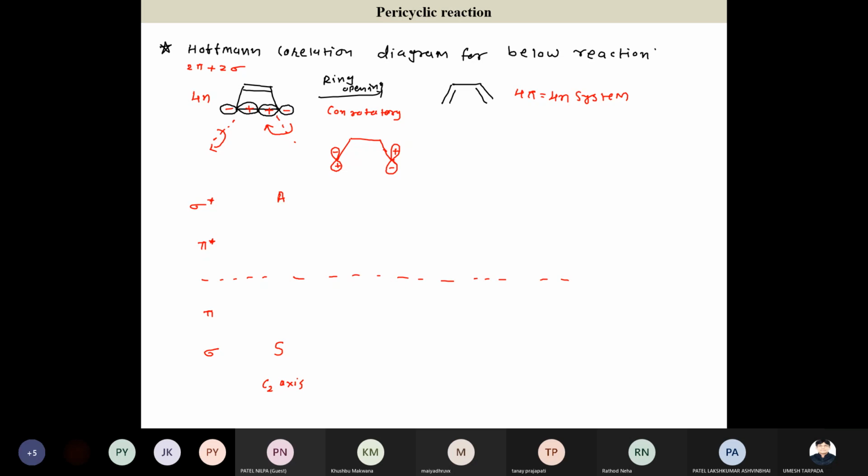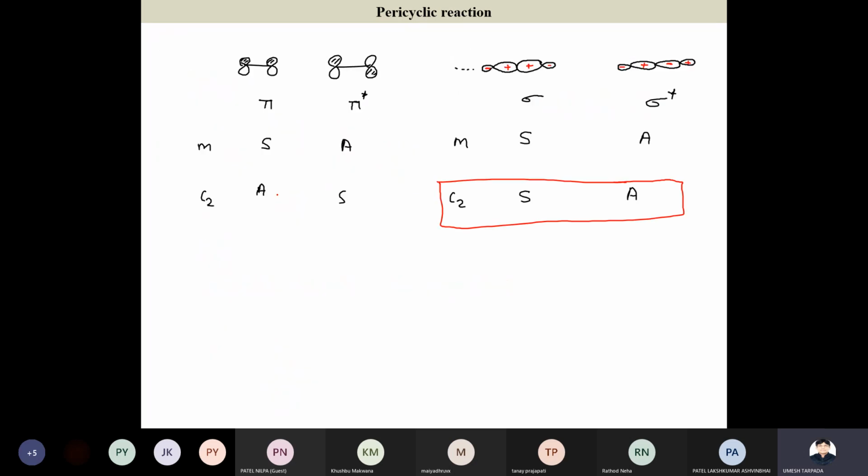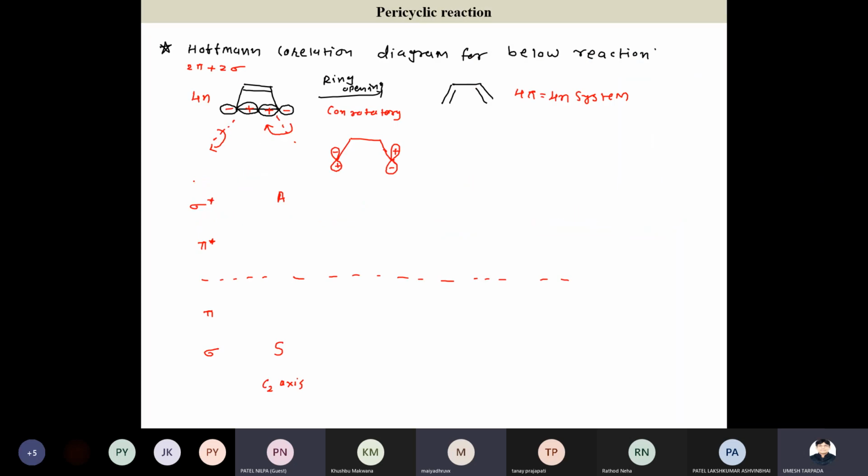Okay. What about pi and pi star? Ethene, no guess. C2 axis, pi and pi star: asymmetric, asymmetric.